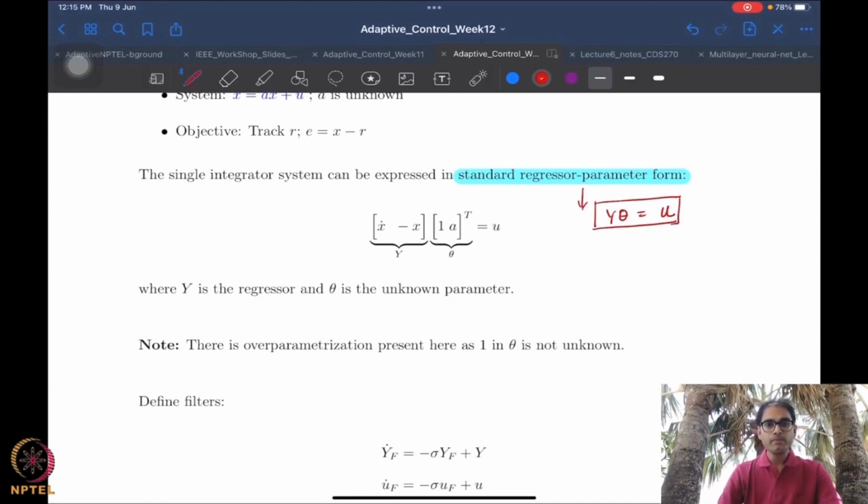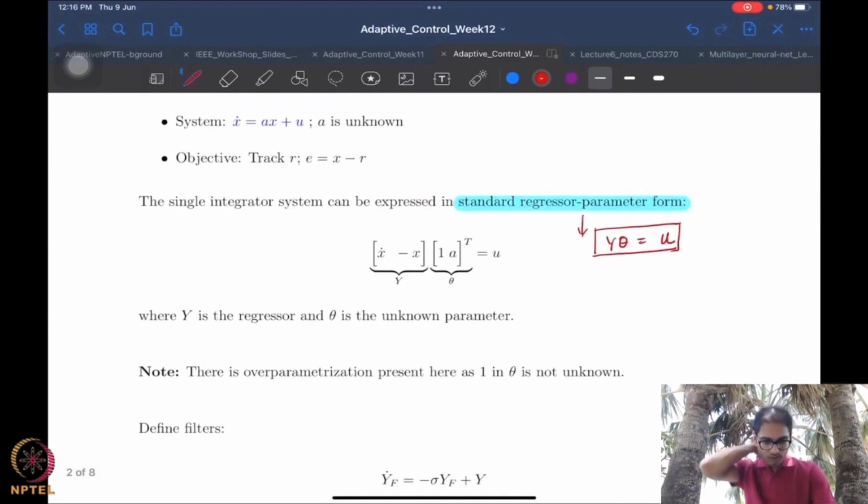If there's an unknown connected to u, that's a separate problem that can be dealt with also. But right now we only deal with the problem where the control gain is not unknown. In fact, it's identity. So we write the system as Y theta equal to u. This is what we do for all dynamical systems, not just for the single integrator.